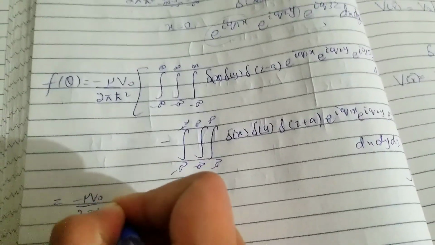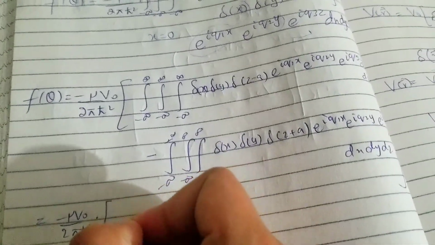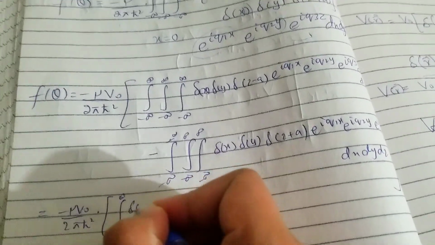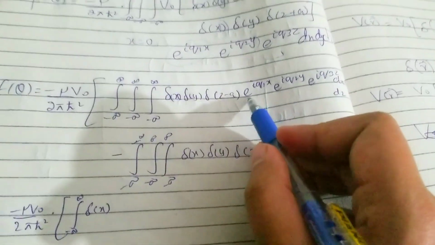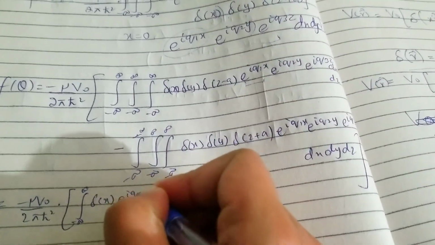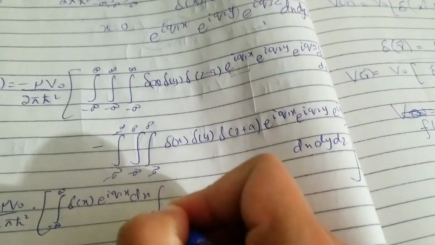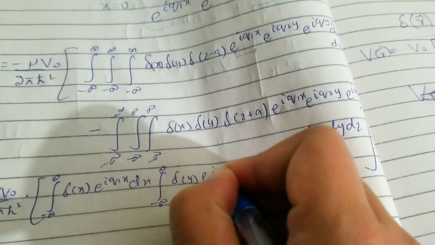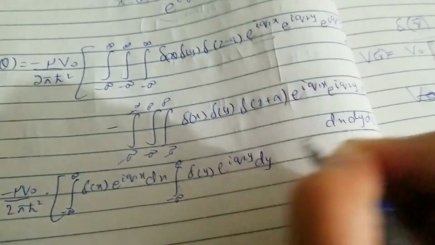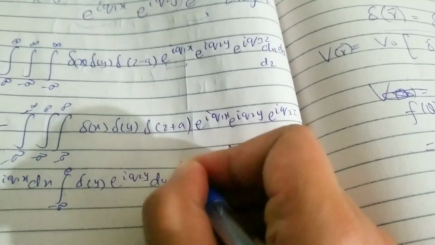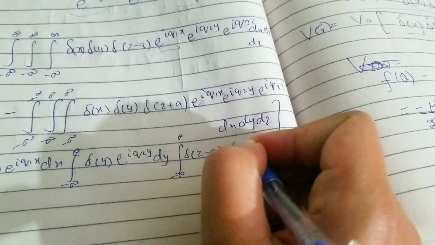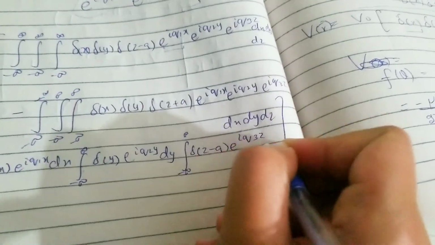Now we will separate the integrals into x parts. For the x part, there is a delta x, and this exponential thing, dx. Another integral with the y part, dy. Then the z part is delta z minus a and dz.